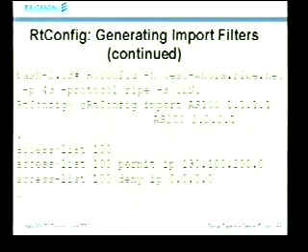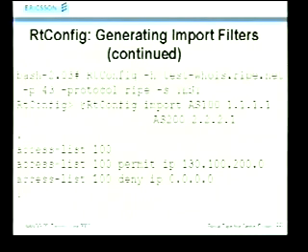And RT-config generates the filters by looking up the aut-num object for AS100 in the specified source, here test, in the specified database, here, this is the whois server. And it looks at the import attribute of the AS100 aut-num object that contains AS200 and these routers.